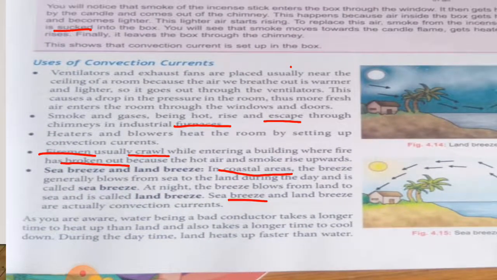So we have understood from this paragraph that in the daytime the breeze in the coastal areas goes from sea to the land. This is called sea breeze, and at night time the breeze goes from land to sea, known as land breeze.